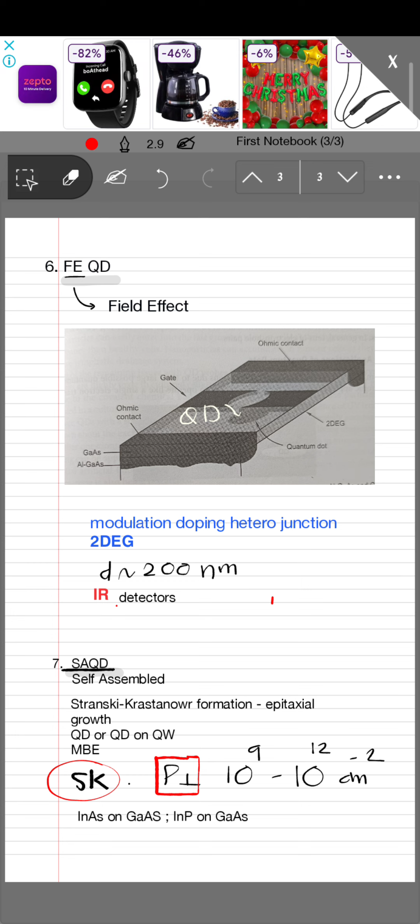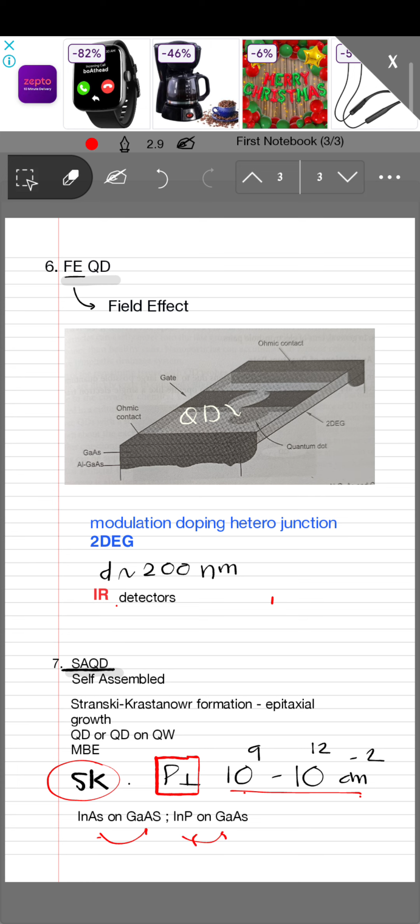So in the case of an SK quantum dot, the defect density is in this range, and it can be two semiconductors side by side. So it can be indium arsenide on gallium arsenide or indium phosphide on gallium arsenide.